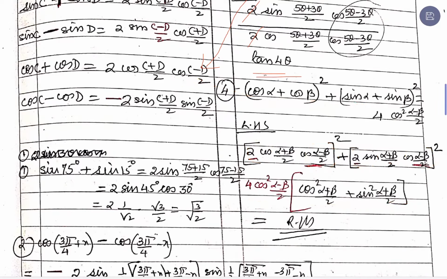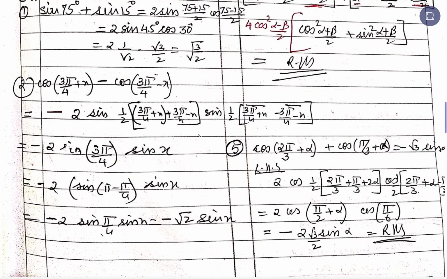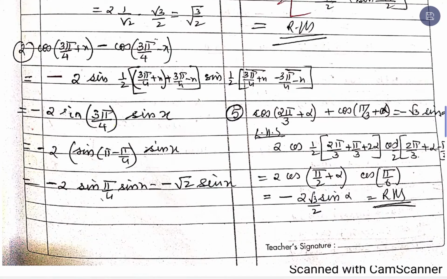So we see that if you apply the proper property, you will be able to derive the answer easily. The next question again is cos c plus cos d.